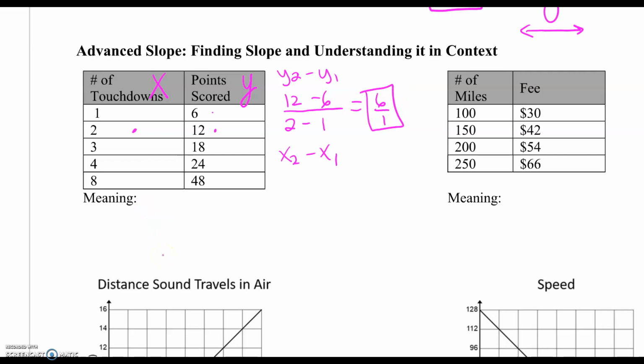Now, because this has words, I need to write it like this: 6, and then I put the y word with it, points scored, and that's divided by 1 touchdown.